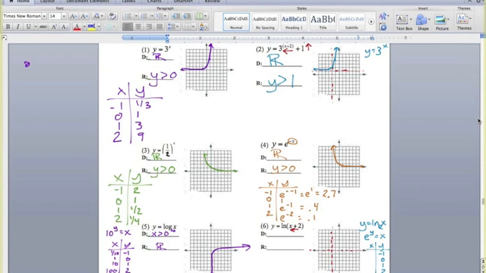So e to the negative 1 is 0.4. E to the 0 is 1. E to the first is e, which is just about 2.7. And e squared is about 7.4.